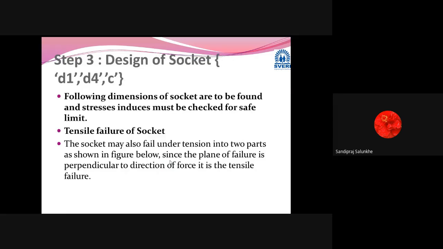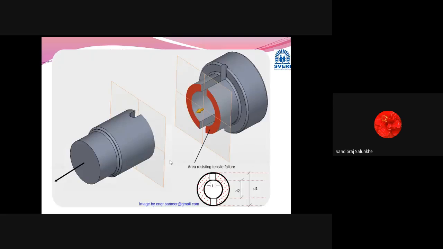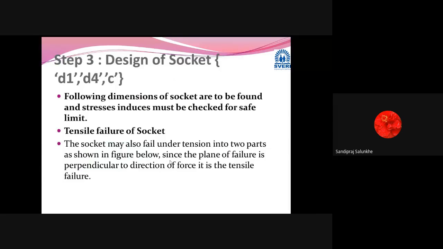In case of this socket, when we are going to find the dimensions, we have already described in the detailed drawing of this socket what dimensions we have given to it. First of all, we are going to see the outer diameter of the spigot, that is the inner diameter of the socket.